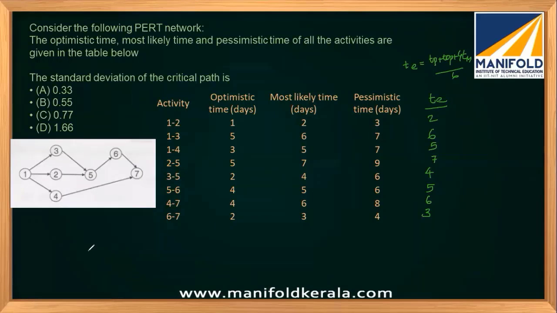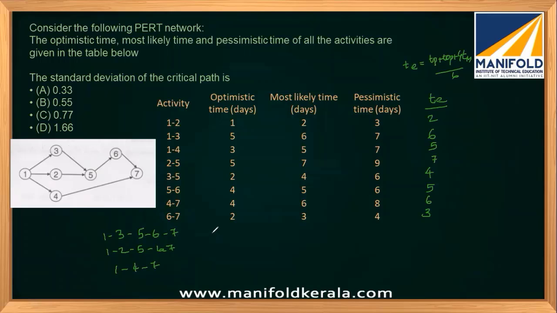Now, what are the possible paths? 1, 3, 5, 6, 7. Now 1, 2, 5, 6, 7. Now 1, 4, 7. I think these are the 3 paths. Only 3 paths are there.